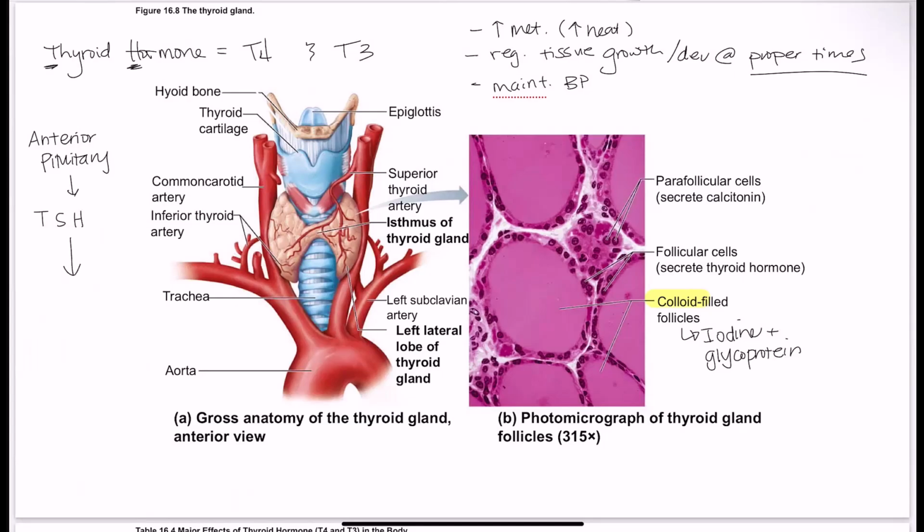Then that promotes the thyroid to release TH, thyroid hormone. And TH is normally released in the form of T4, and then we use it in the cells as T3. So we just rip off one of the iodine atoms.